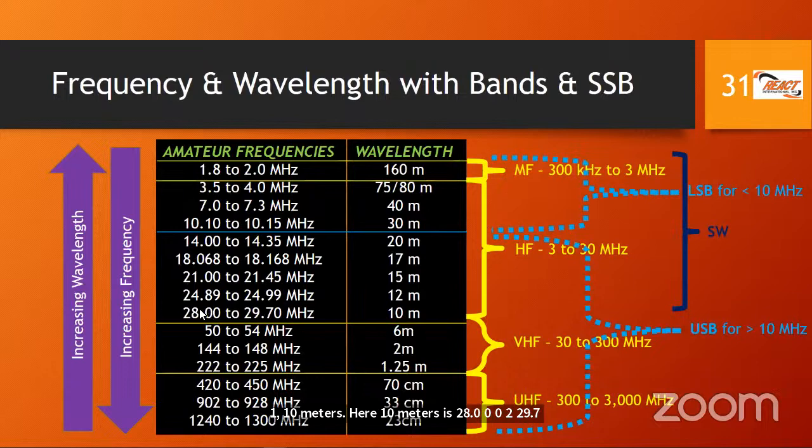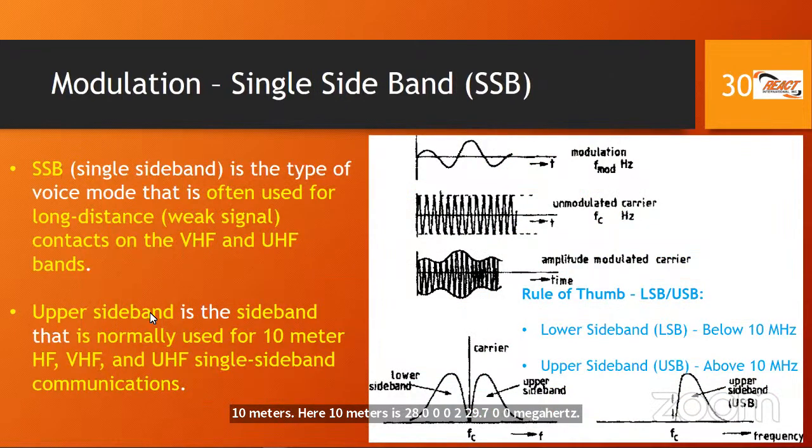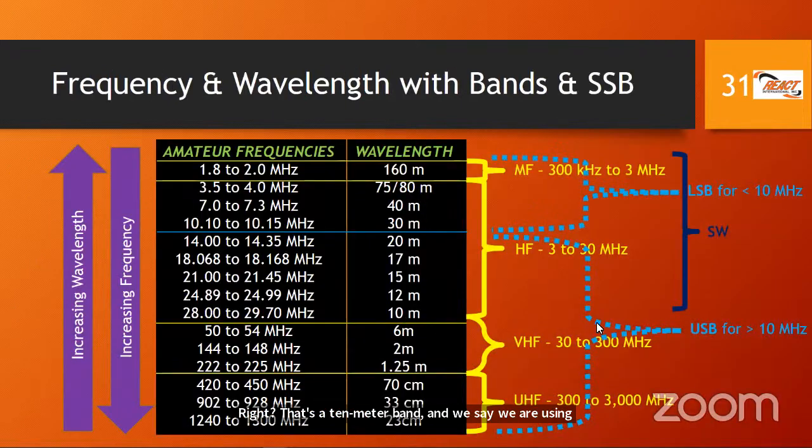That's the 10 meter band. And we say we are using USB, upper sideband, right? So what we have done here in blue is show that the frequencies from here to here, these rows here, are lower sideband. And the frequencies, all the others up above here, are usually USB.